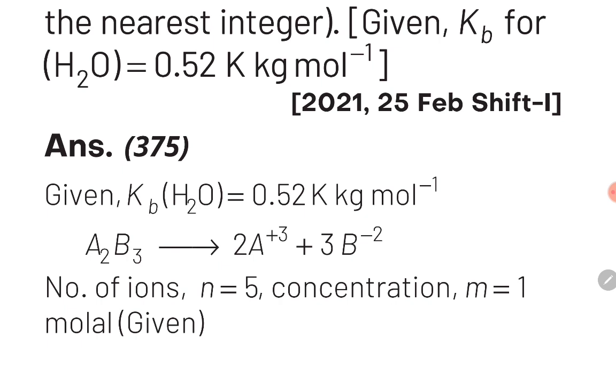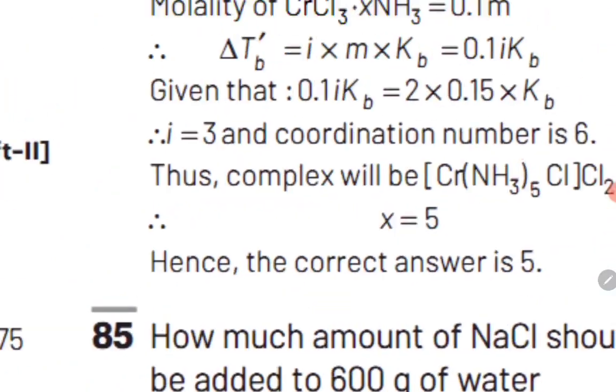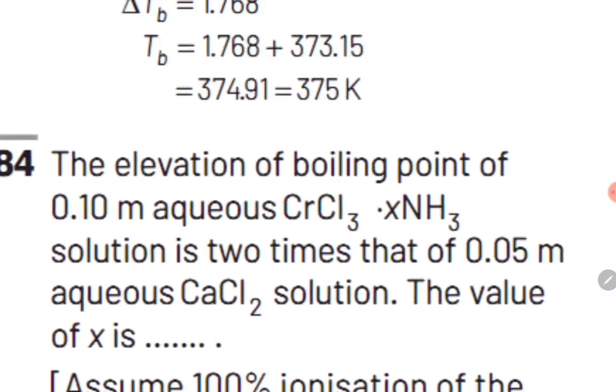And similarly, number of moles of B2 minus will become 3X, which is equal to 3 into 0.6, which comes out as 1.8. So guys, total number of moles at equilibrium will become 0.4 moles of A2B3 plus 1.2 moles of A3 plus plus 1.8 moles of B2 minus. Guys, on adding all of these values, we'll obtain the value of i as equal to 3.4.